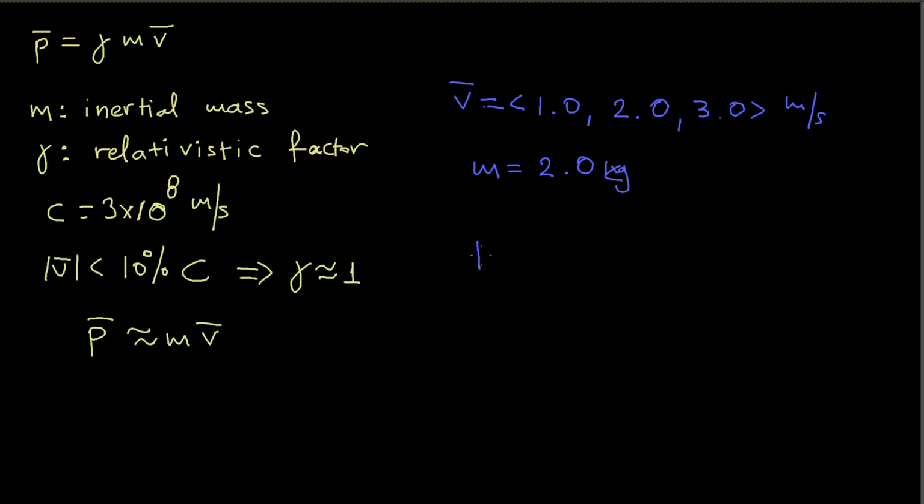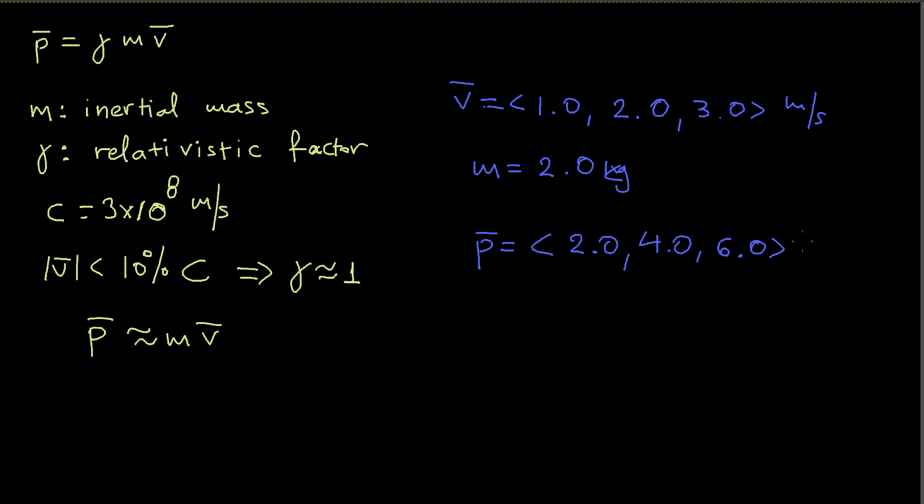Then I can calculate the momentum vector by taking the mass and multiplying it with each component of the velocity vector. So mass times velocity: in this case, mass times the x component, 2 times 1, will give me 2, and then the mass times the y component will give me 4, and then the mass times the z component will give me 6.